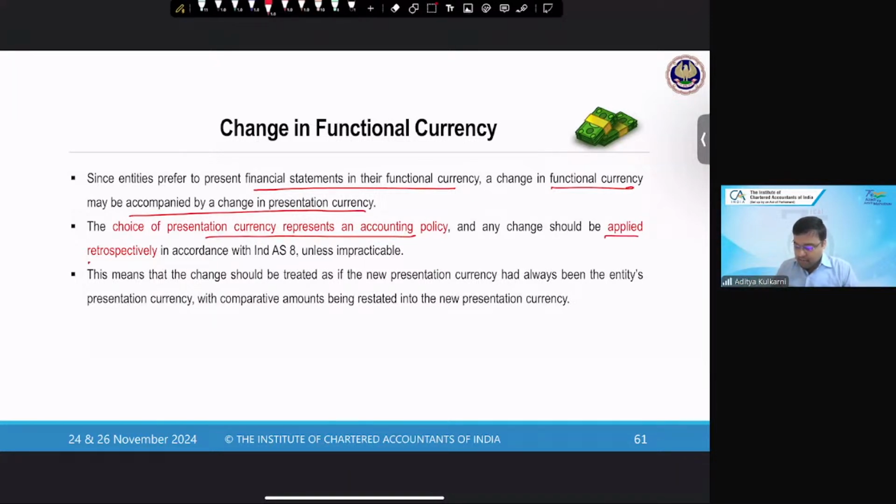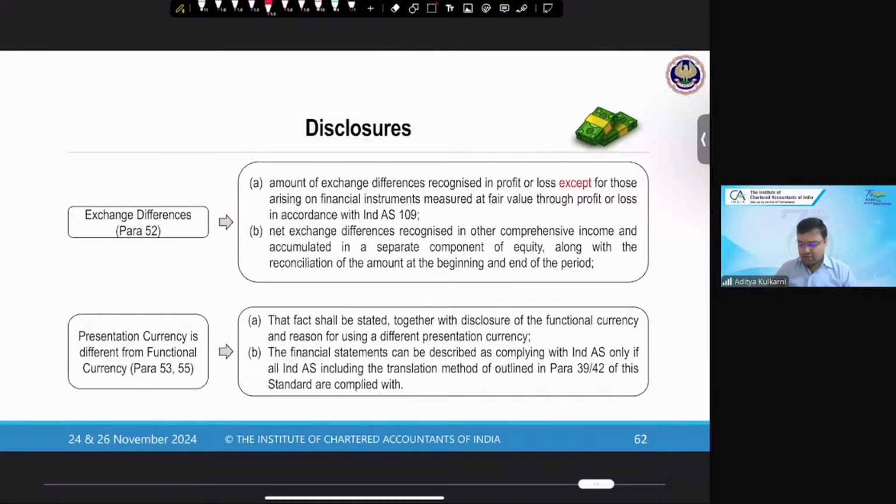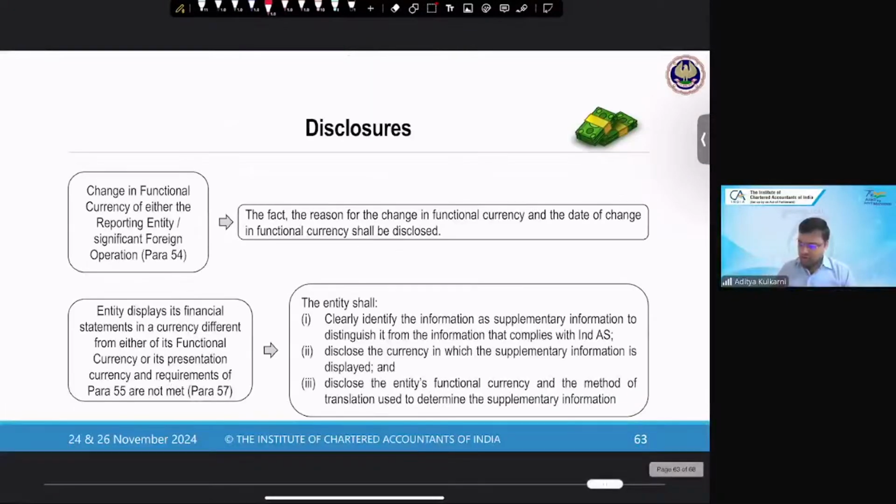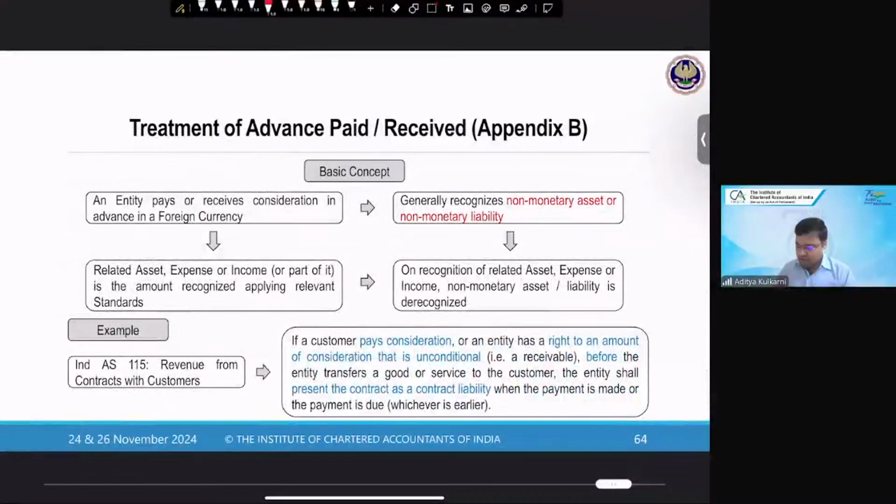Any change should be applied retrospectively in line with Ind AS 8. This means that the change should be treated as if the new presentation currency was always the entity's presentation currency, with the comparative amounts being restated. These are all the disclosures. You can go through this. Most of it is what you already know.